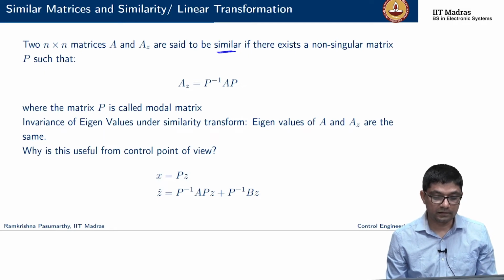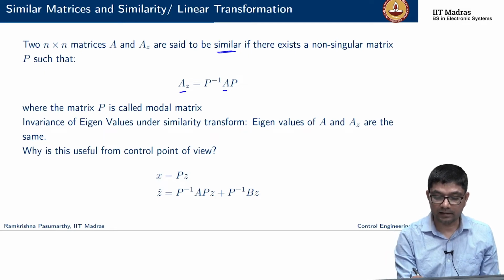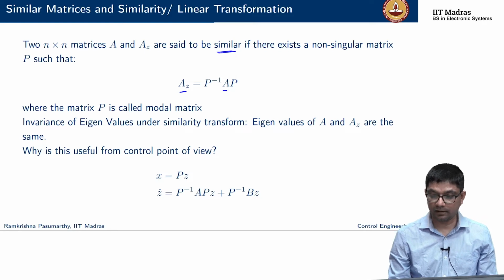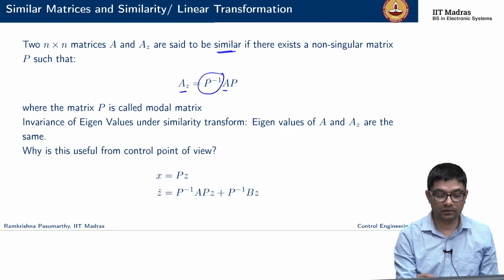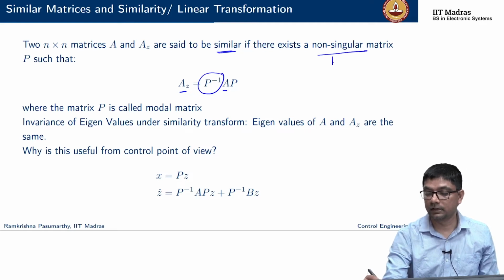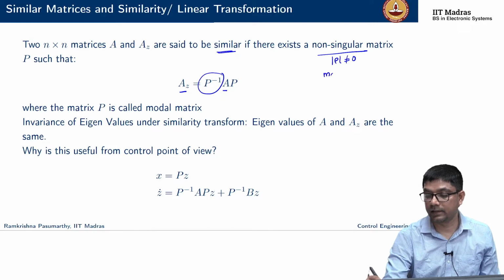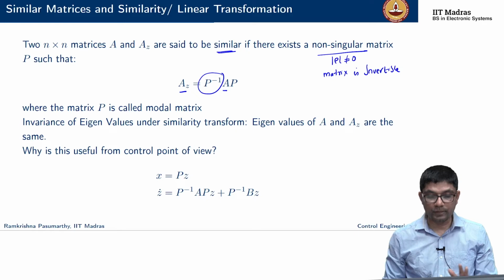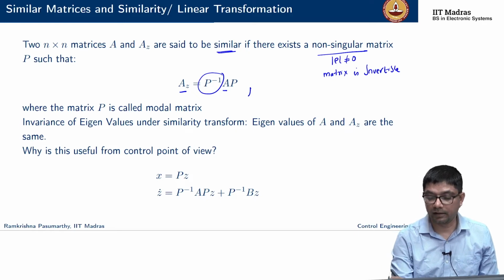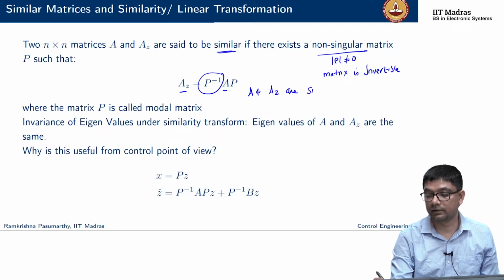Two matrices A and A-tilde are said to be similar if there exists a non-singular matrix P, such that A-tilde equals P inverse A P. Non-singular means the determinant of P is not equal to 0, which also means that the matrix is invertible.